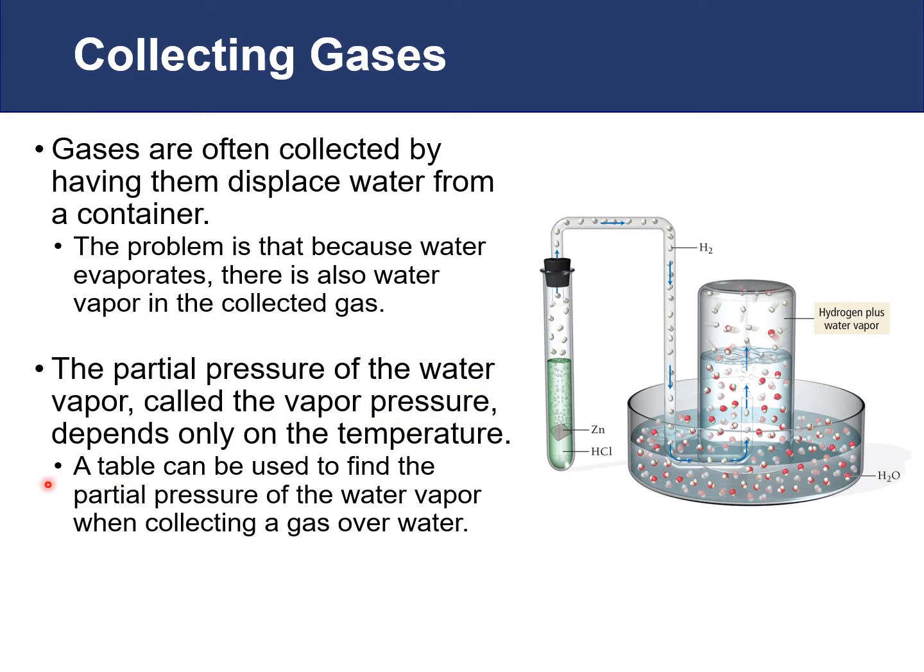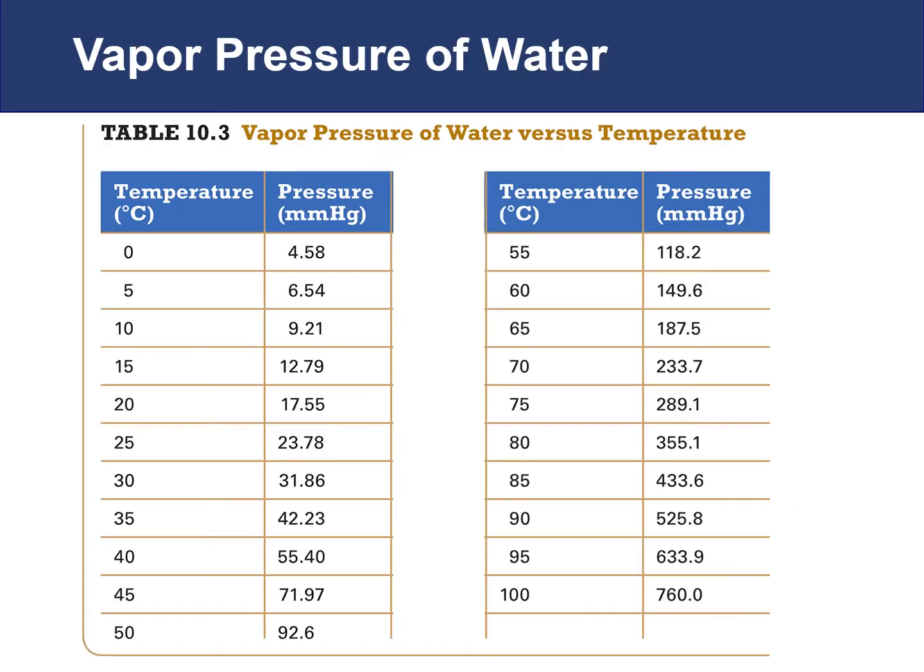Now, the way that we will typically find this is look it up in a table, and that's how you can tell how much is going to be in the gas phase. So, vapor pressure for water, these are the typical pressures that you can expect. In millimeters of mercury, we can do a simple conversion to bar or atmosphere. 1 atmosphere is 760 torr, 1 torr is 1 millimeter of mercury, and 1.01325 bar is 1 atmosphere.